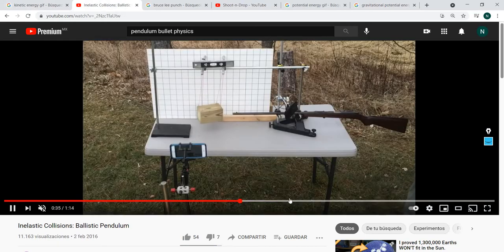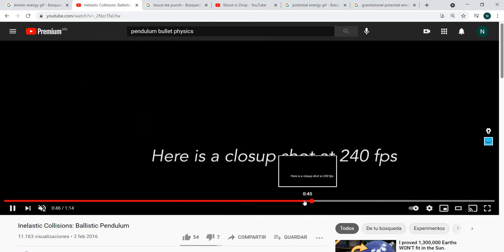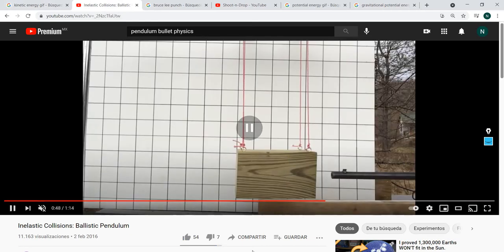Okay, well, let me tell you what this is. So what do we have here? We have a gun. There's a bullet in the gun waiting to be shot. There is a block of wood which is suspended from 2 strings. This is all the arrangement. Okay, now what's going to happen in a moment?